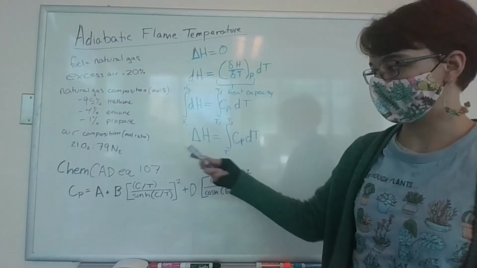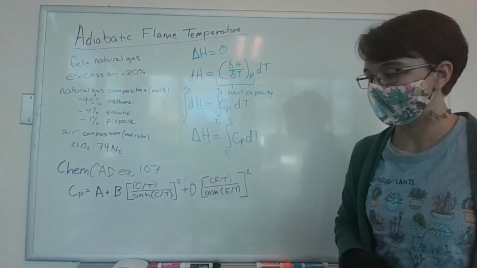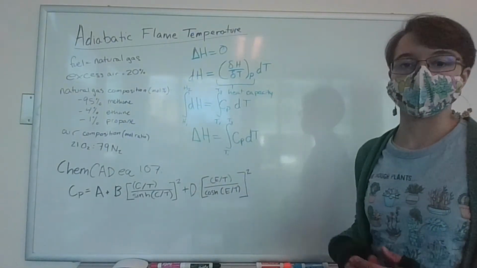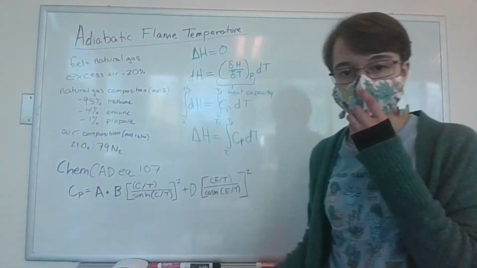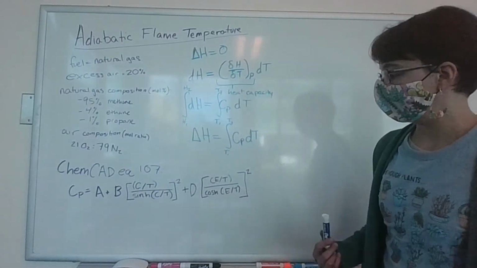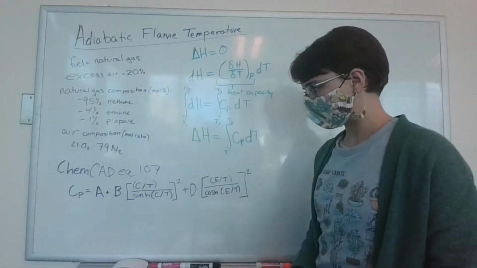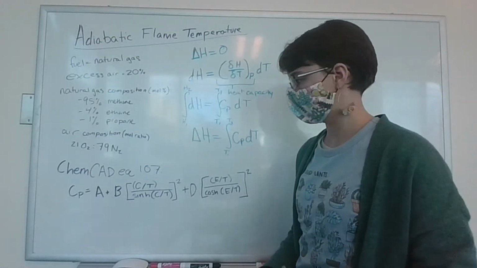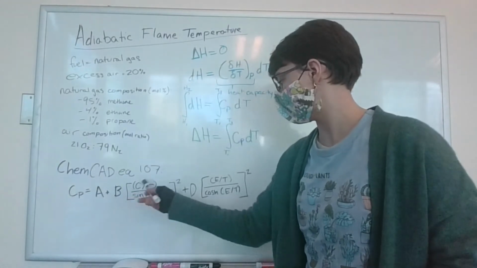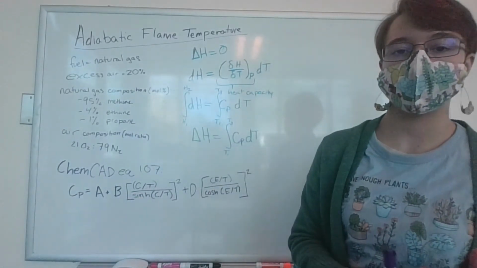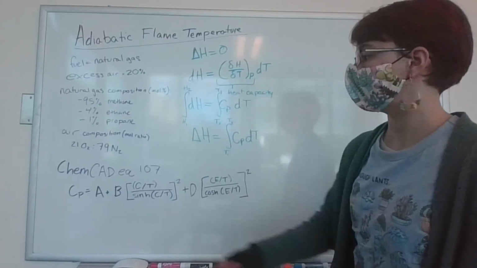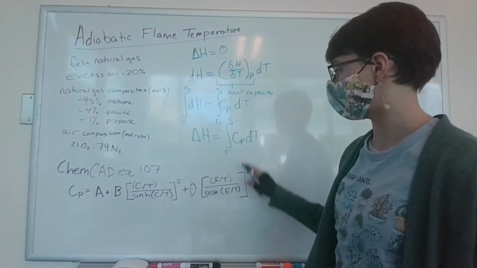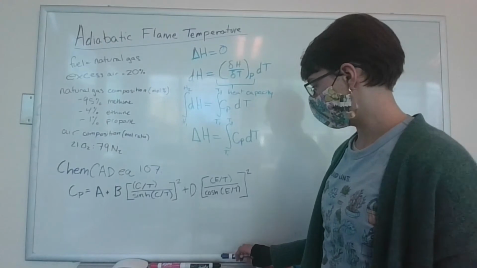And the equation that is most relevant to us is equation 107, which I have written out for us right here. And this is the equation it uses to calculate the heat capacity. It has some coefficients and terms, the A, B, C, D, and E, and we can pull those parameters from this library that we're going to use. So we can use this expression for heat capacity inside this integral here.